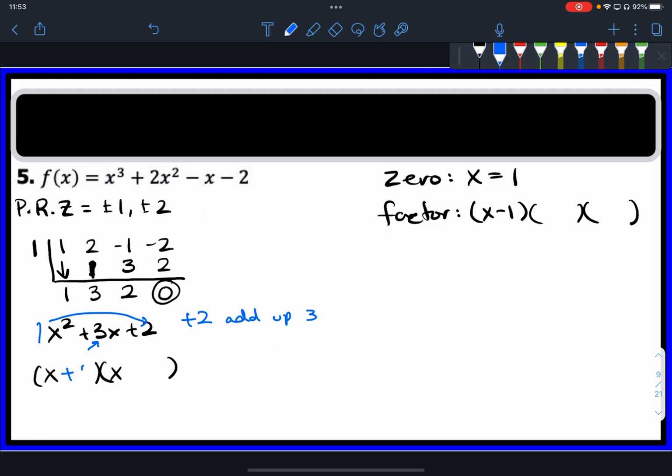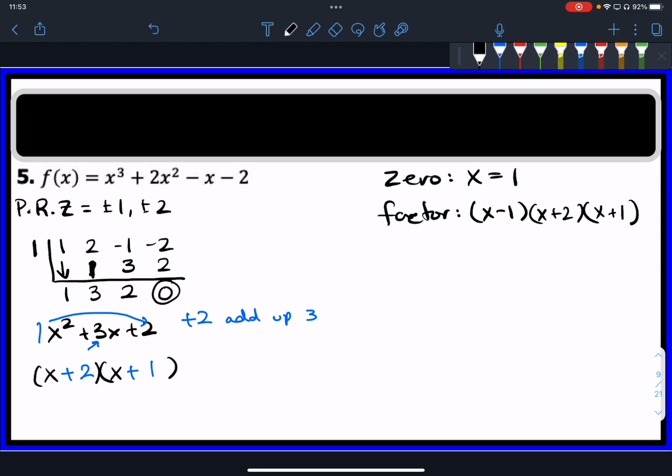The only combination is positive 1 and positive 2. So those are the factors of the trinomial. The three factors are x minus 1, which I got from testing positive 1, x plus 2, and x plus 1.